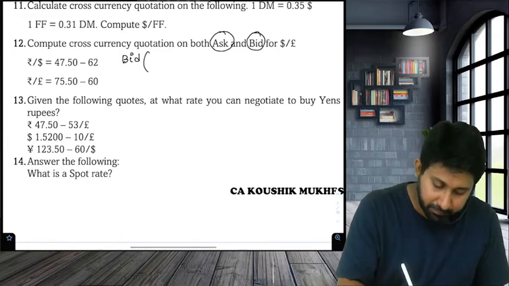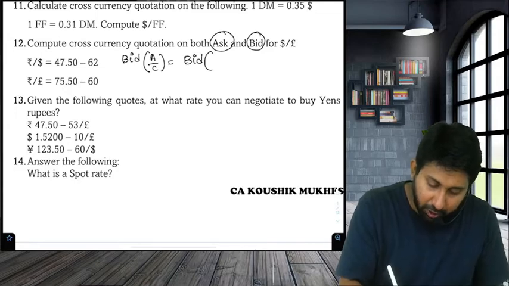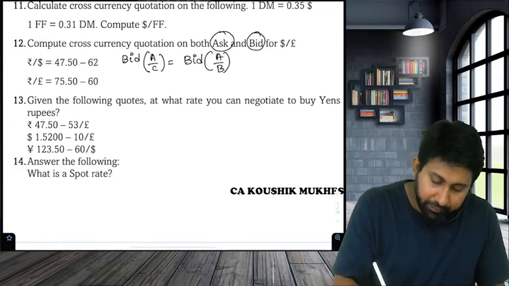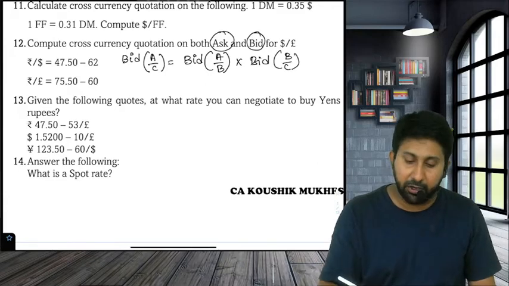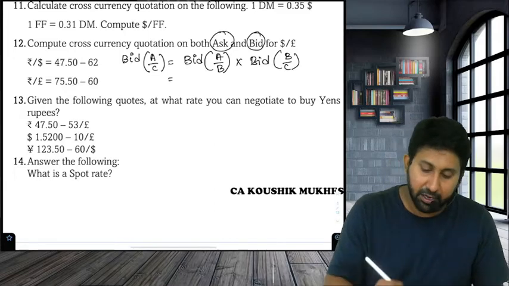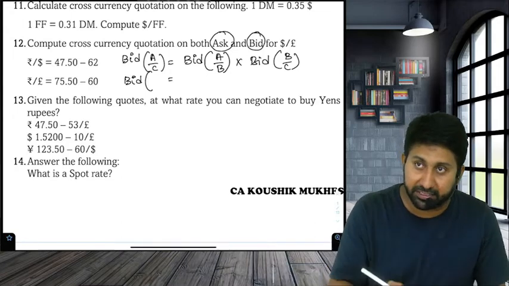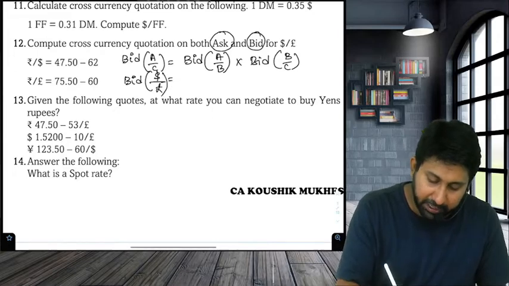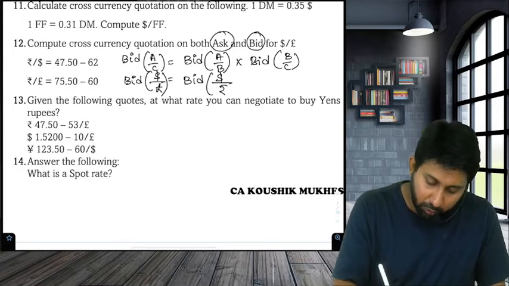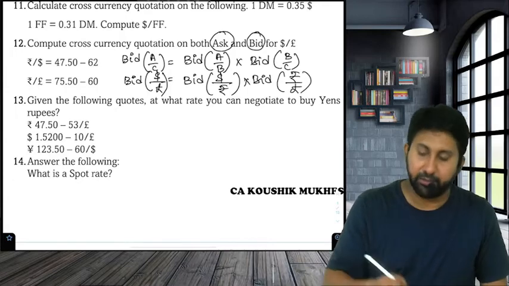Bid of A by C equal to bid of A by B into bid of B by C. A means I want dollar, C means I want pound, B is rupee. Bid of dollar by rupee into bid of rupee by pound.